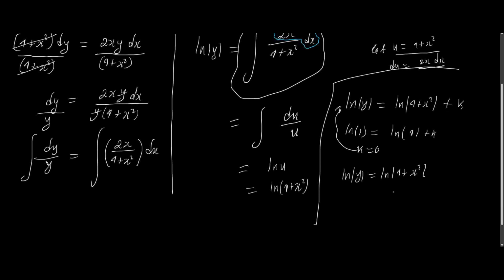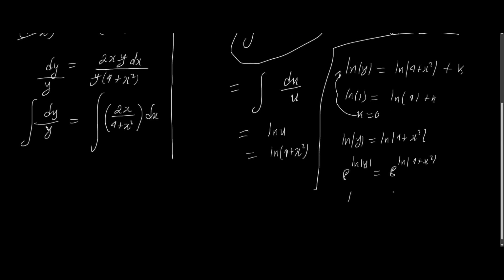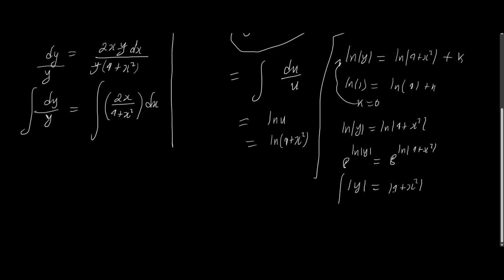Now we take the exponent, the inverse of the natural logarithm, and we already saw this property. So the absolute value of y is equal to the absolute value of 1 plus x squared. So that's our solution.